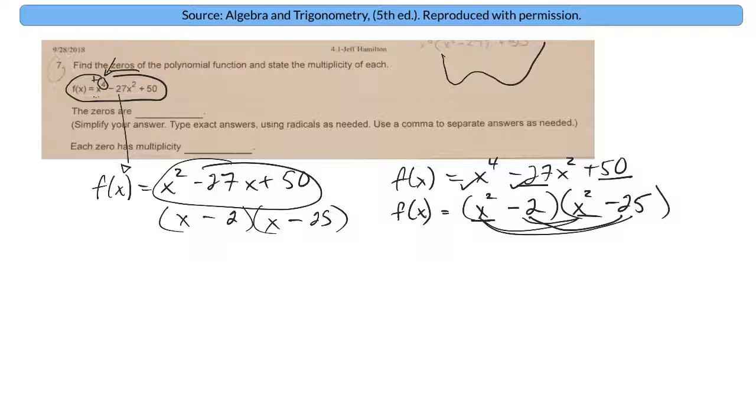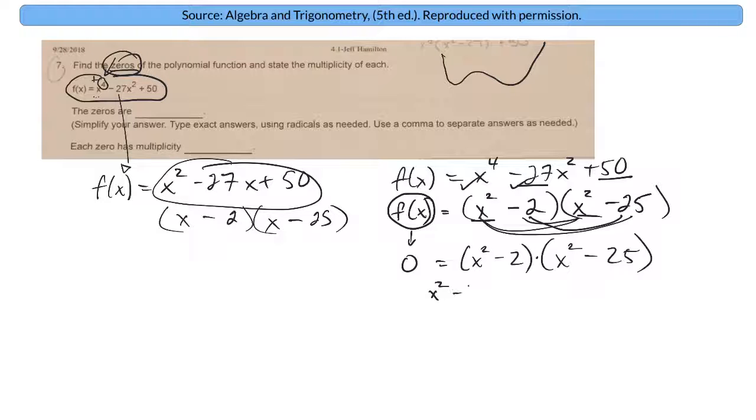Now, if they want you to find the zeros of the function, that means set f of x to 0. So we're going to change that to a 0 and then solve the equation. Well, this is an equation now where I have the product of two things equal to 0. So one of those two things, either this one or this one, has to equal 0.